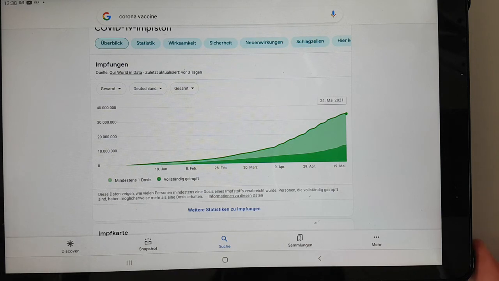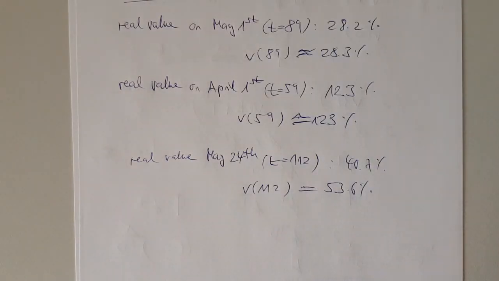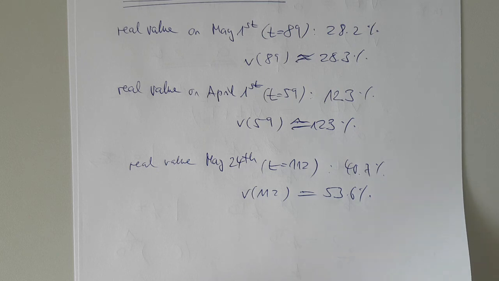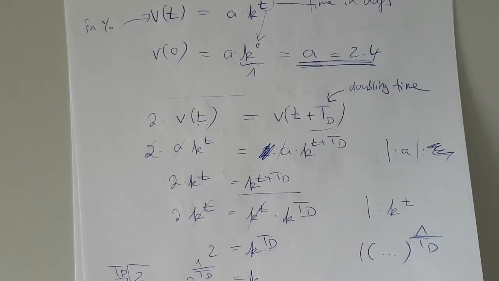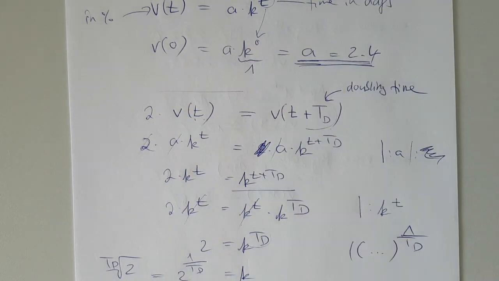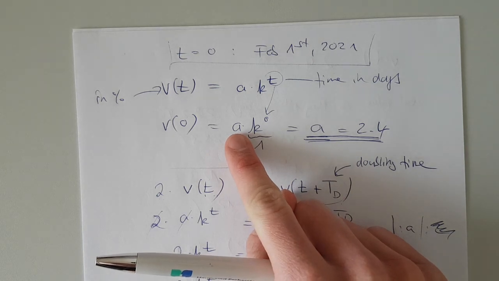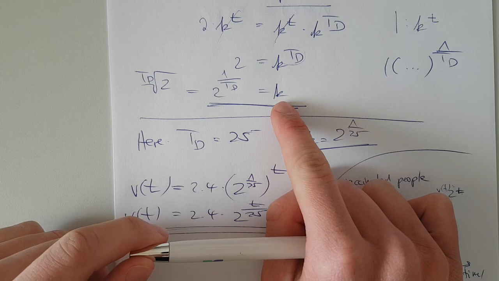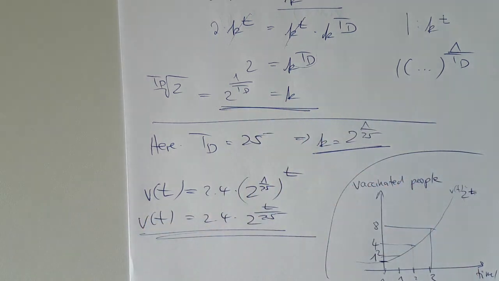But I hope I managed to explain to you how you can, in general, model an exponential growth, especially if you are in your ideal mathematical world where no upper bound is set. In this case, you can really model it by this. A is the number of people you have at the beginning at t equals 0, and you can calculate k by measuring the doubling time.